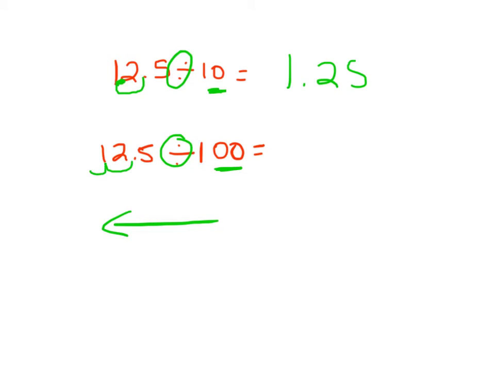So 1, 2, that's where my new decimal will be, so I'll have 0 point, because the decimal is right here in front of the 1, 0.125. So again, in both of these here, I've got the same 3 digits. It all depends on where we see the decimal.